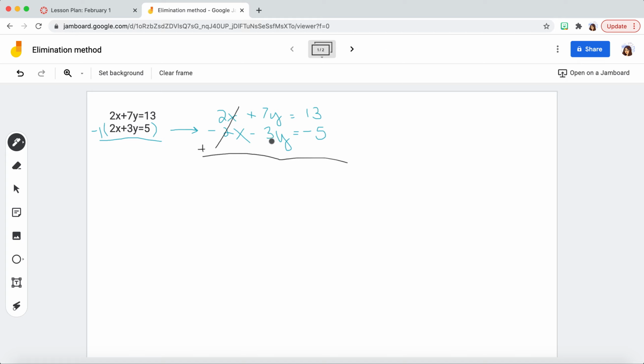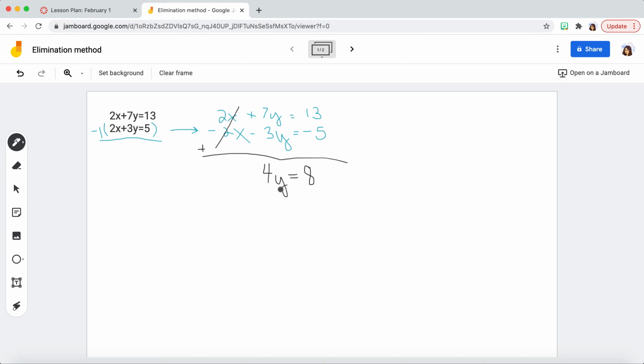That's going to be positive 4y. And that equals 13 plus -5. I believe it's positive 8. So now we have a much simpler equation. We have 4y equals 8.